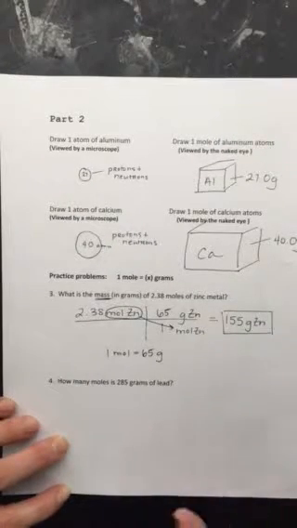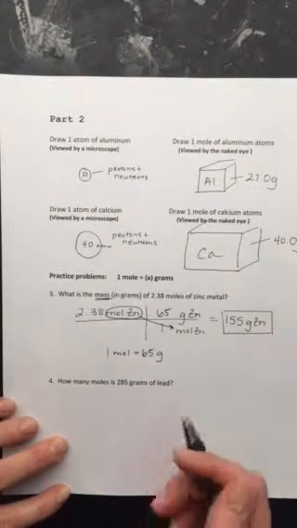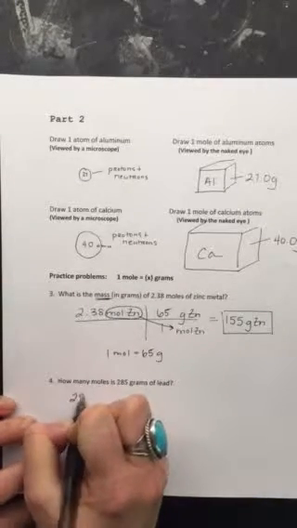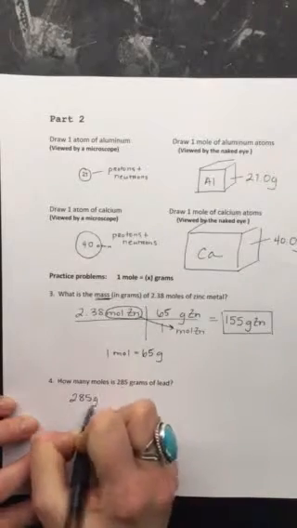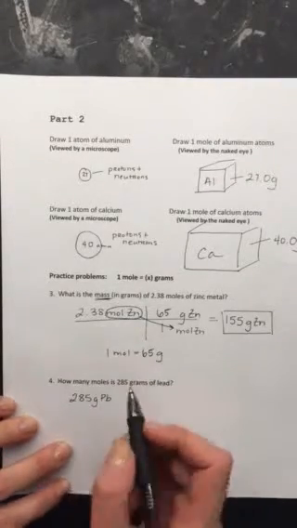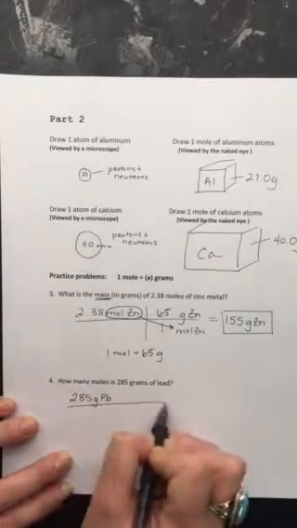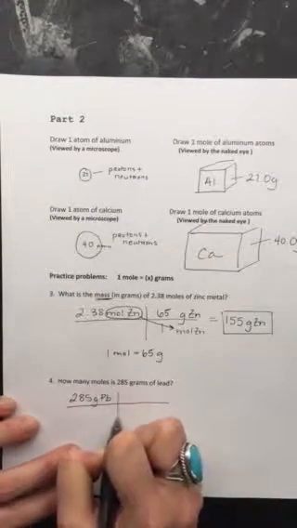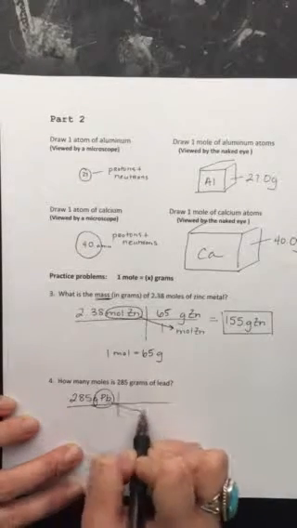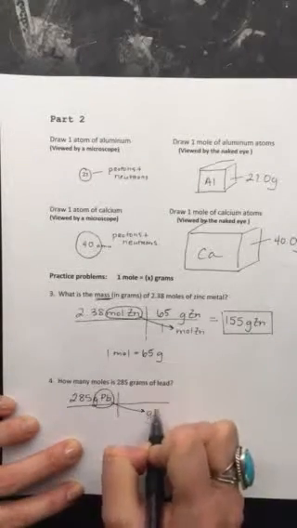Now we can also go the other way. If I take a sample of lead, for example 285 grams of lead, and I want to know how many moles that is, we can do that easily as well. We'll set up our little grid here. We take our grams of lead and move that down and to the right.